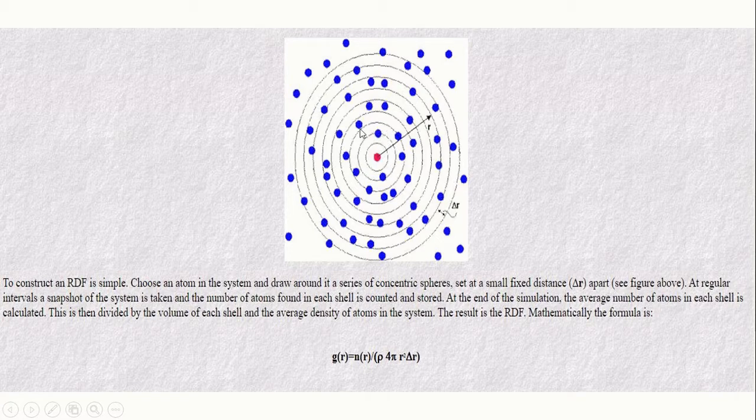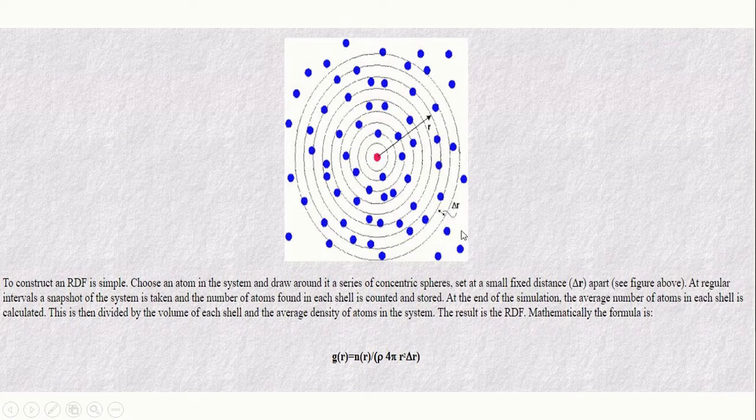These are the spherical shells, like 1, 2, 3, 4, these are the different shells, or we can call them bins when we write the script in LAMMPS. And the distance between these spherical shells is delta r.